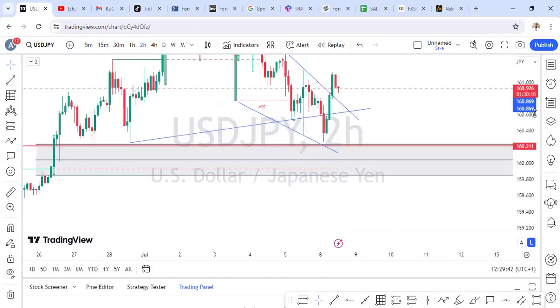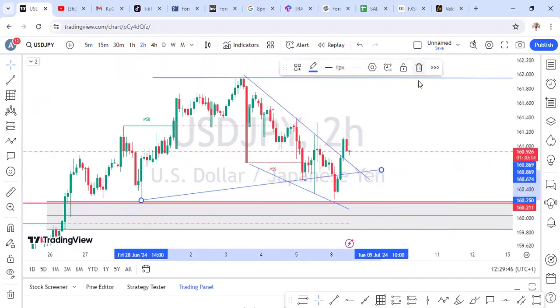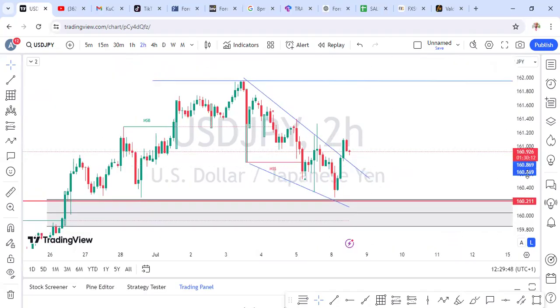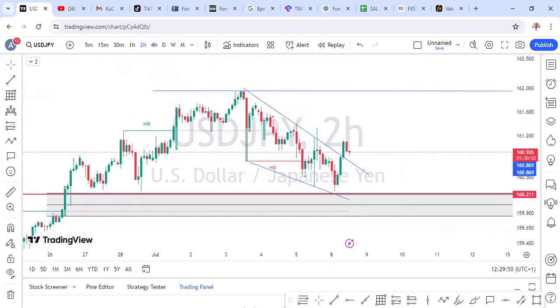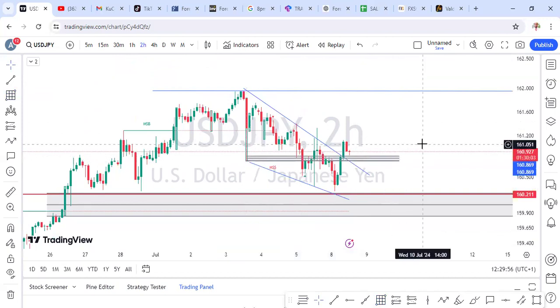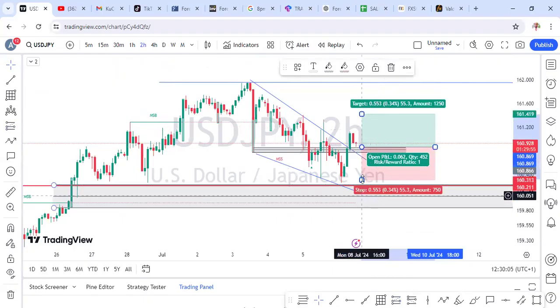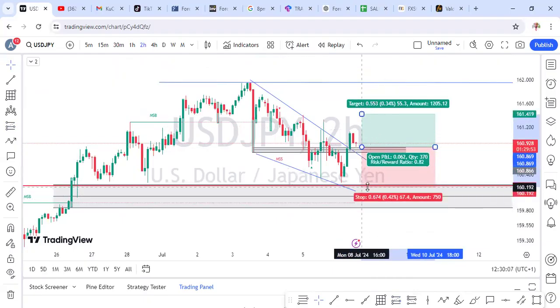So now we have a confirmed breakout from the flag. So anything from here should be a buying opportunity. If you are buying, just make sure you lower your stop loss, maybe anything from here, but your stop loss will still be lower.